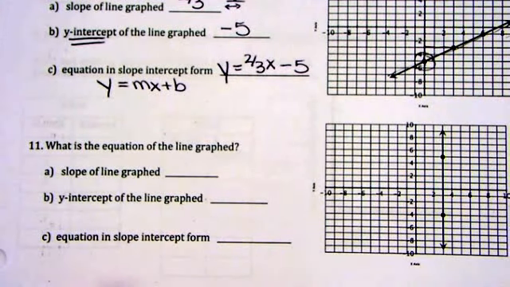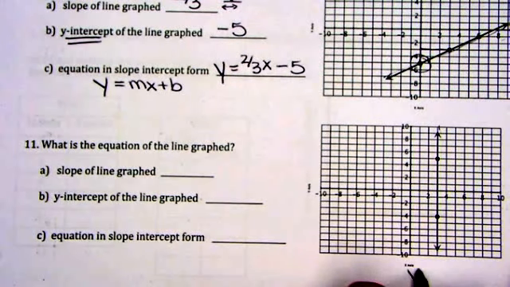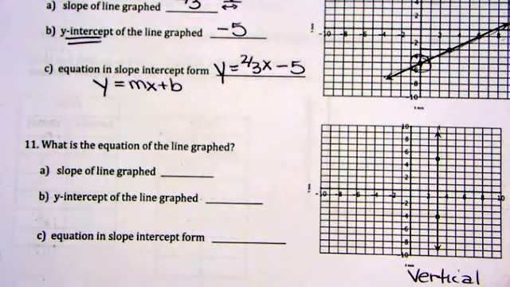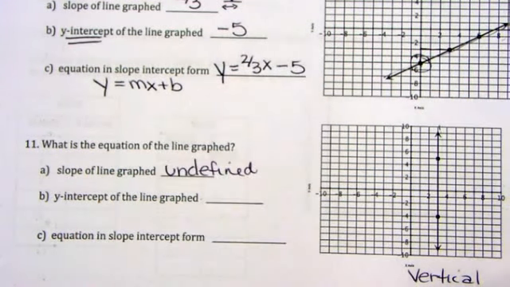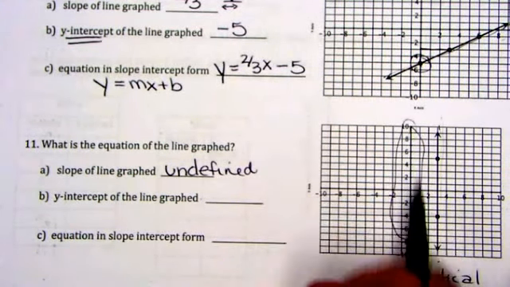In our last problem, number 11, it's a little bit different. This is a vertical line. And you remember from the beginning of our notes that a vertical line has a slope that is undefined. And this graph is not crossing the y-axis, so there is no y-intercept.